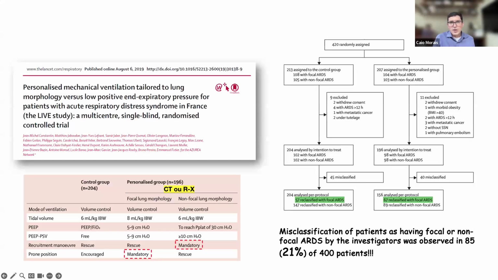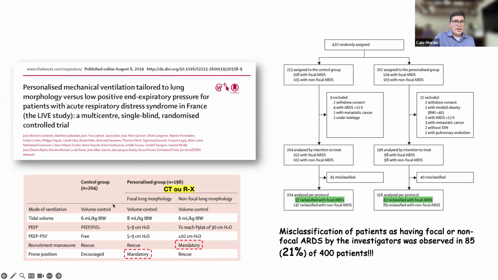For instance, this was a multicentric study from France, an interesting paper in which the authors aimed to test a mechanical ventilation strategy that was personalized to the patient's lung morphology. They used CT or chest X-ray to differentiate patients with focal lung disease and non-focal lung disease. And in this trial, the treatment after randomization was based on that.